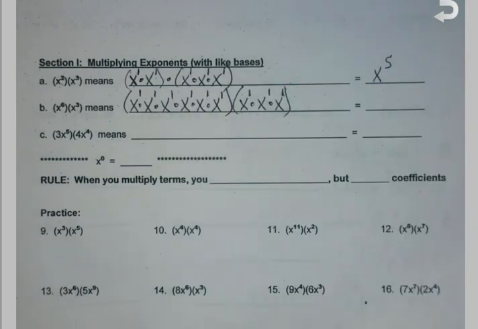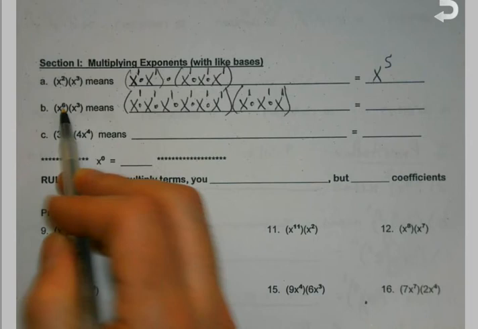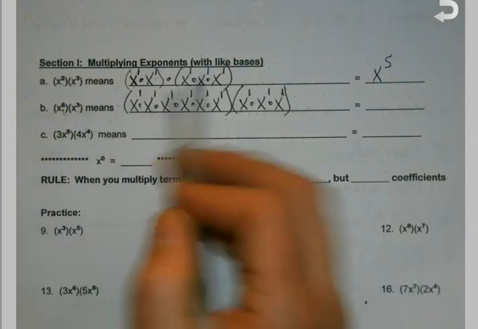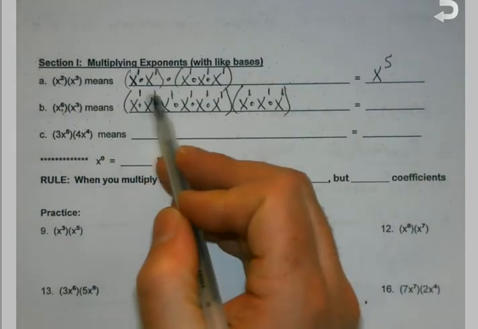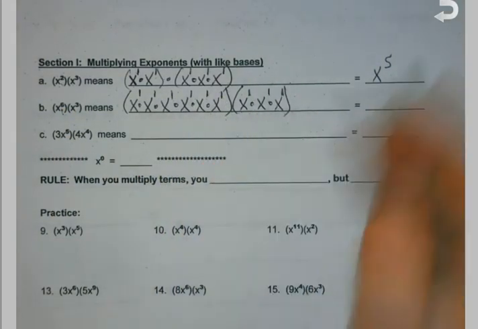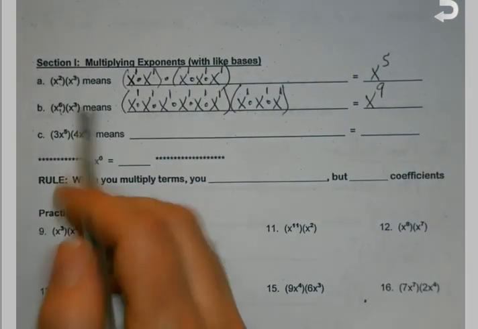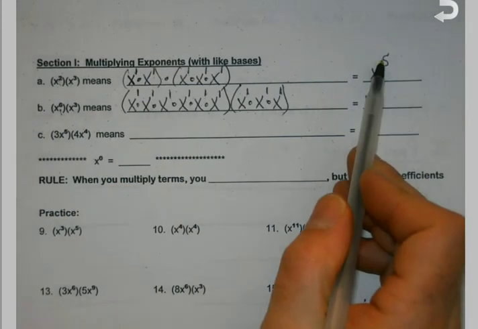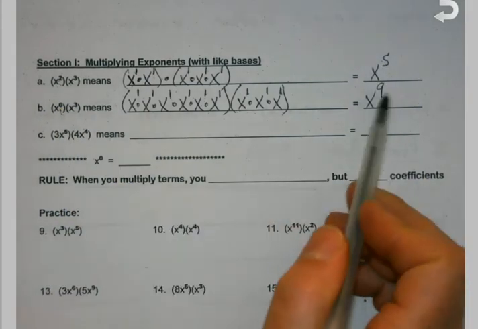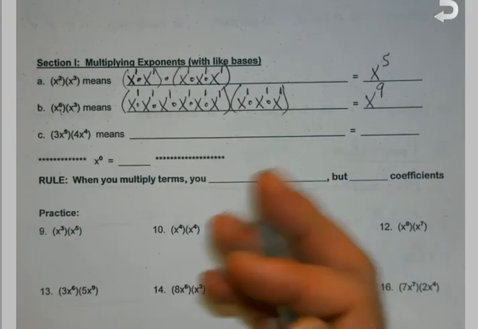But if I write out the 6 x's that I'm multiplying, and write out the 3, and then count up the exponents, 1, 2, 3, 4, 5, 6, 7, 8, 9, I can start to see what the rule in general would be. Hey, 2 plus 3 is 5. 6 plus 3 is 9. We might be onto something here.